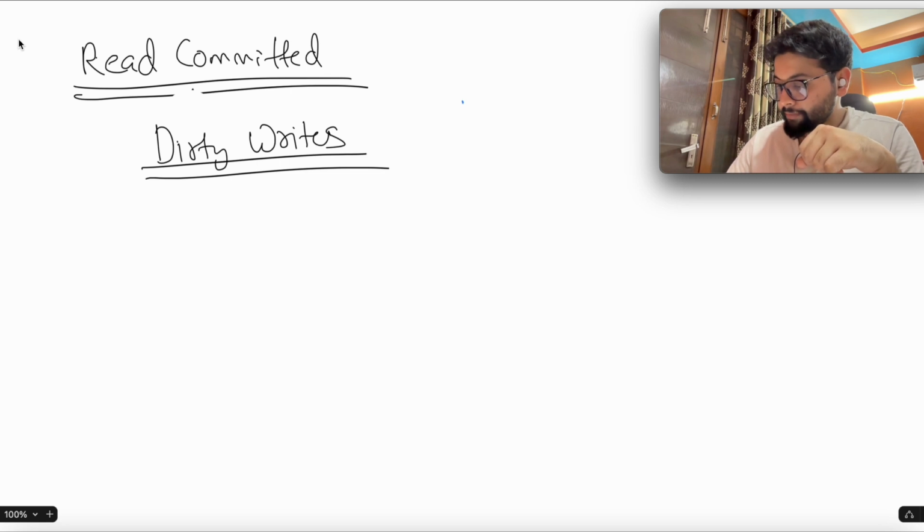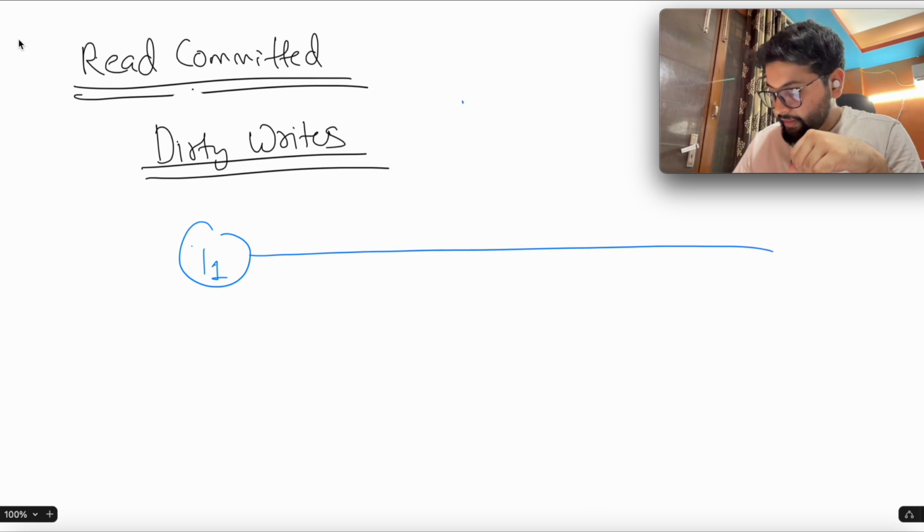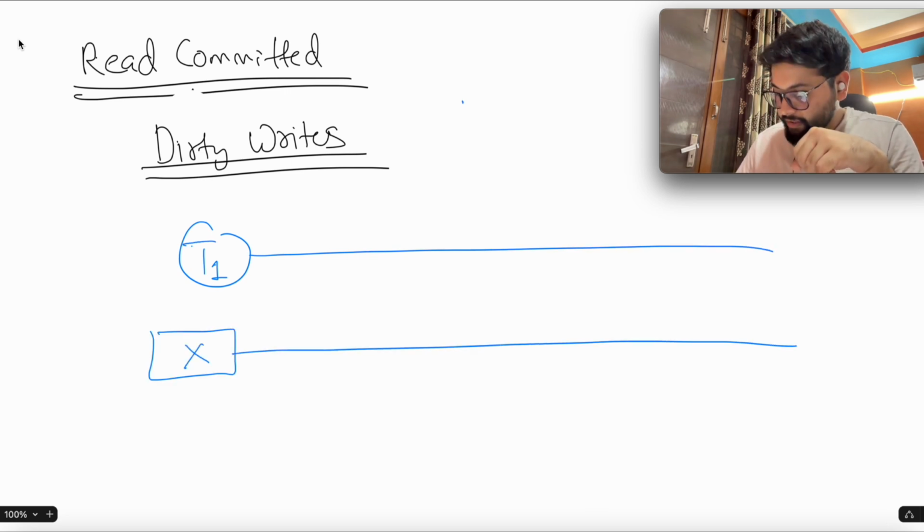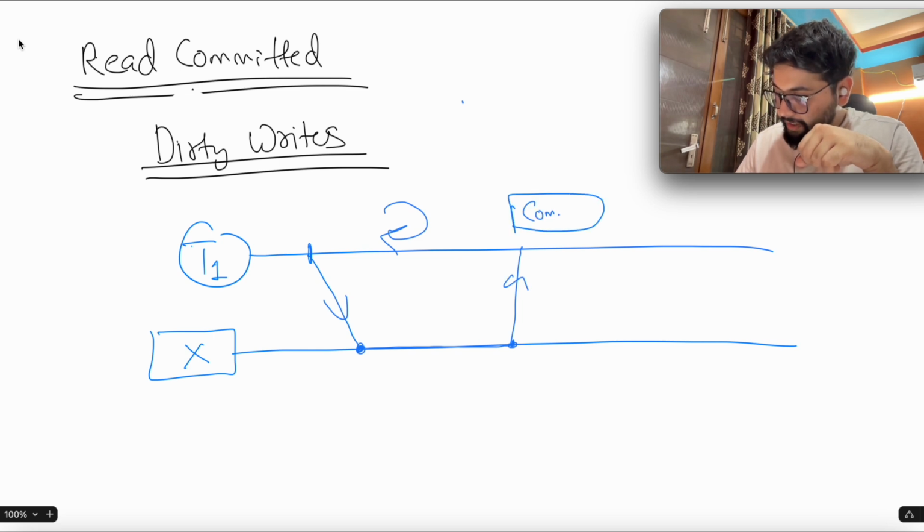suppose, let me draw the time series graph again. Suppose this is a transaction T1 and this is a data item X here. Now, if transaction T1 took a lock on data item X at this point of time, and now here it is performing some operations, right? And at this point of time, the transaction committed, right? At this point the transaction started, and at this point the transaction committed.